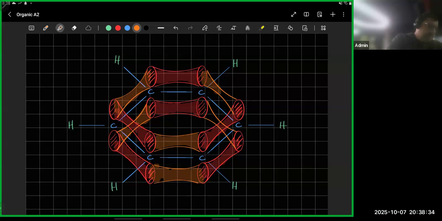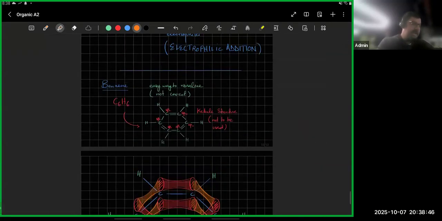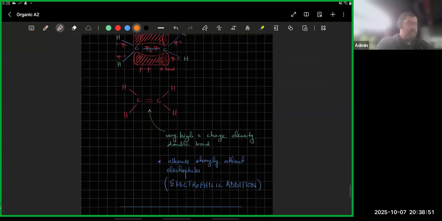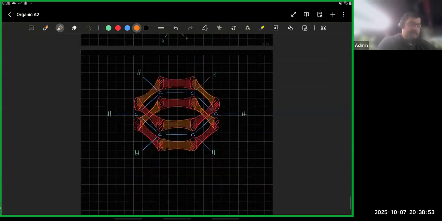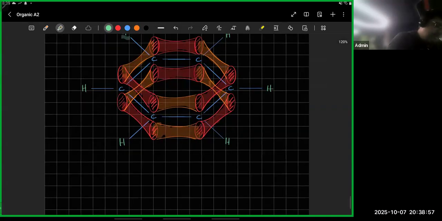And these can overlap as well. So basically at the end of the day, you get just like your alkene. Alkene mein you had just one pi bond. Over here you were supposed to have three pi bonds, but they all overlap, and this is called a delocalized benzene electron cloud.